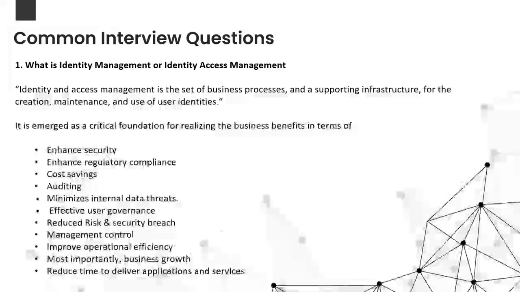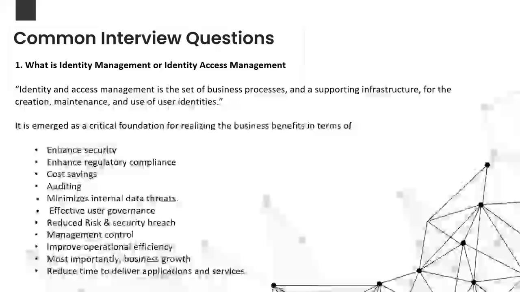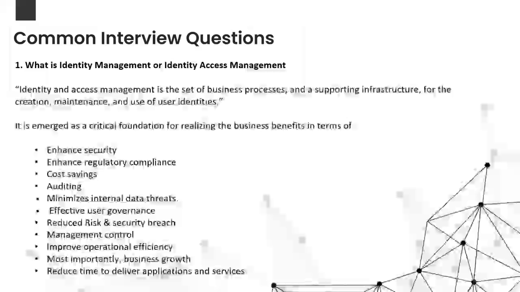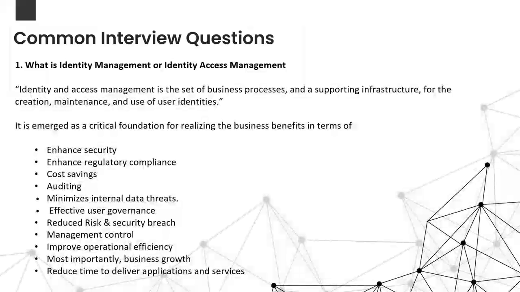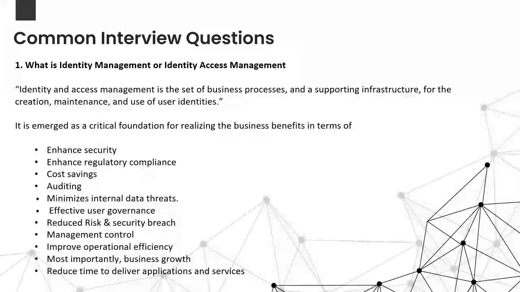With the help of IGA you can save a lot of cost. For example, you can grant access on day one when a user joins the organization, giving them all the access they should have as part of their job role and responsibilities.